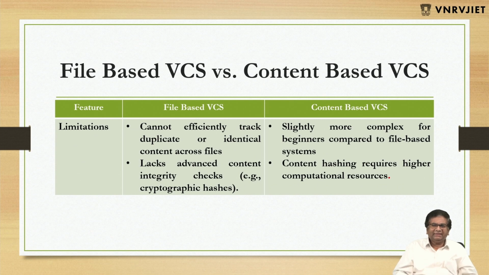Now, challenges or limitations. File-based systems cannot efficiently track duplicate or identical content across files, and lack advanced content integrity checks. I think whatever advantages are mentioned for content-based systems are the disadvantages of file-based systems. Content-based systems, because they use hashing techniques and try to eliminate duplicates and all that, are slightly more complicated for beginners compared to file-based systems.